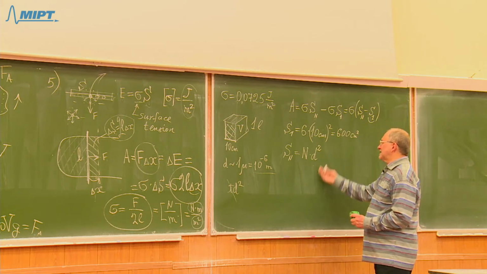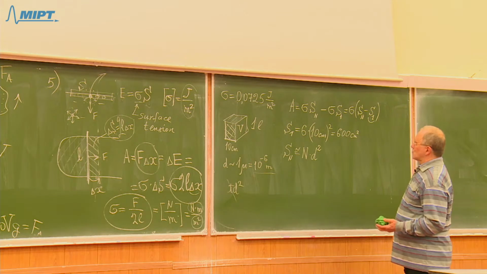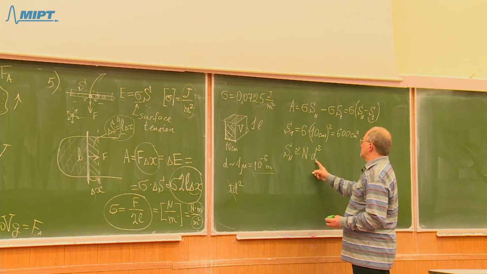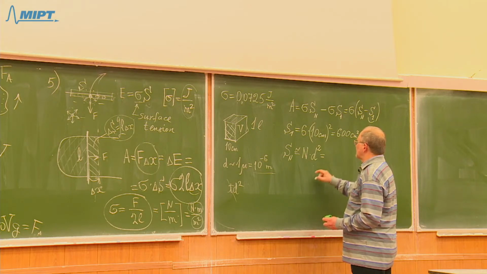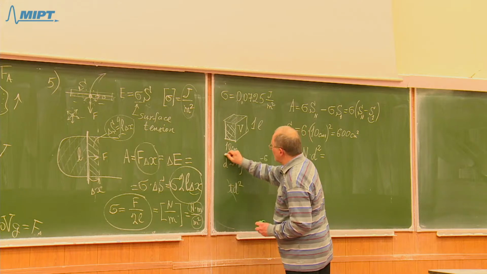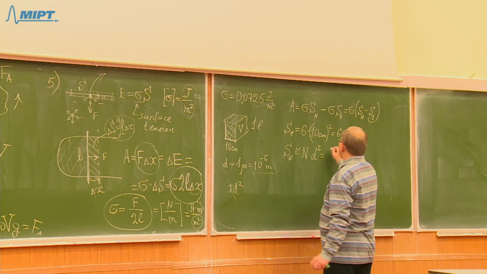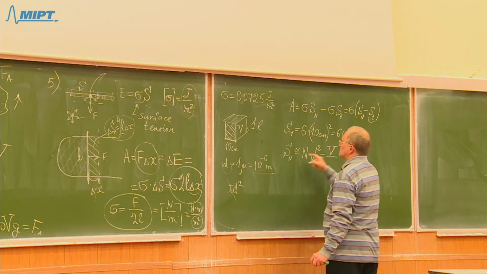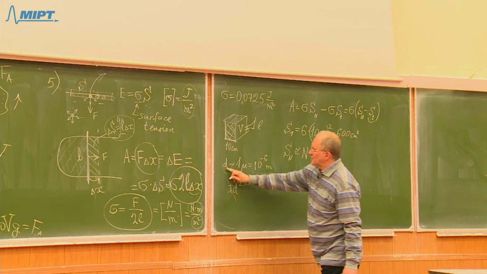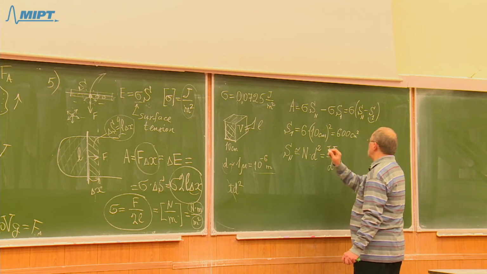So I have to make an assessment, an approximate calculation. So the surface area of one droplet is d squared, and the number of droplets can be assessed as the initial volume divided by the volume of each droplet. Initial volume is 1 liter, which is given. And the volume of one droplet, again by the order of magnitude, will be d cubed.